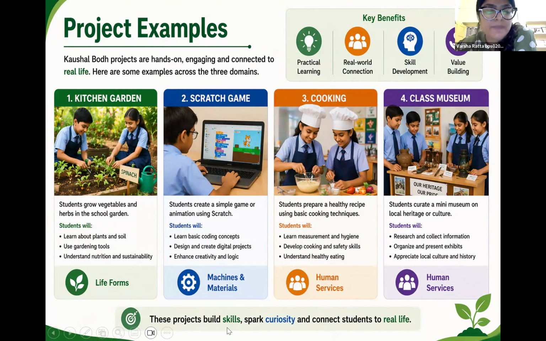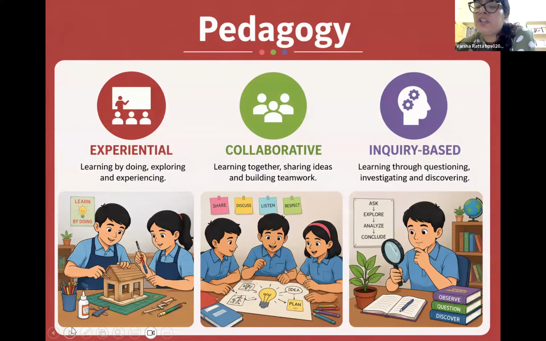As ma'am right now said, it is very important for us to understand that the children become curious and they ask questions, right? It is very important for us to understand that the children are curious and are in a position to ask questions.